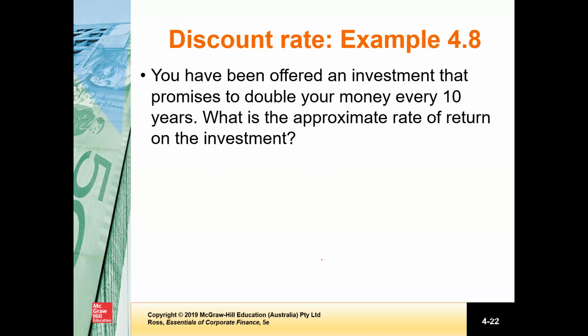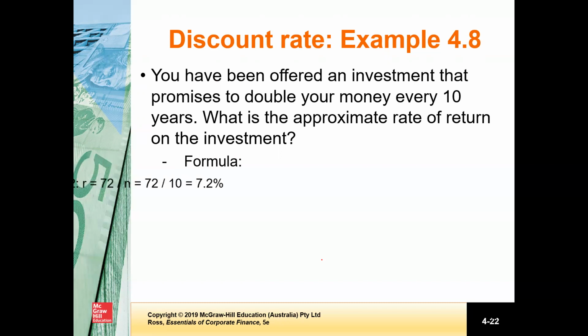A similar example, you have been offered an investment that promises to double your money every 10 years. What is the approximate rate of return on the investment? So once again, you need to calculate the rate of return on investment. However, instead of the present values and future values given, we are given the information that the investment's nature is such that it will double the investment in 10 years.